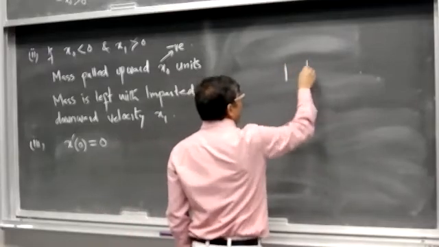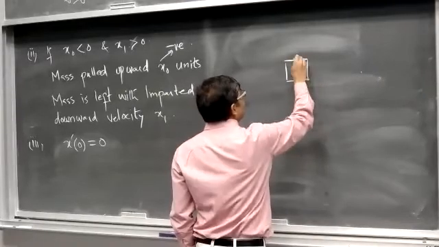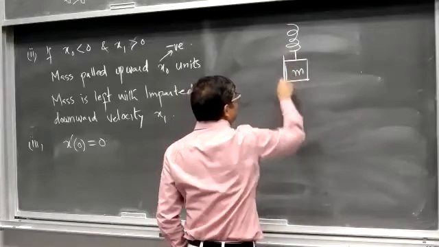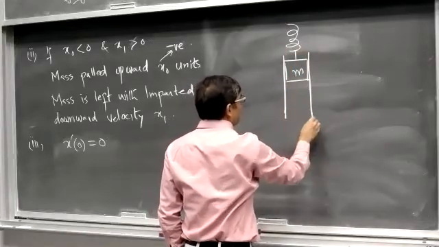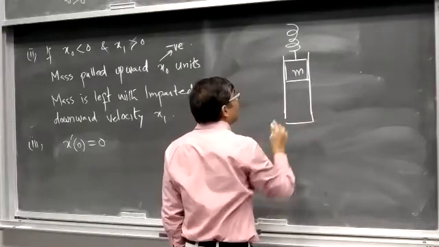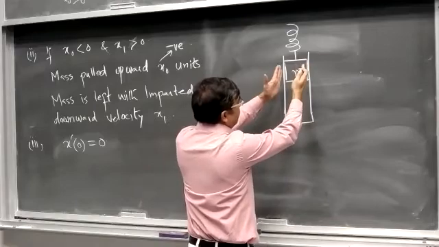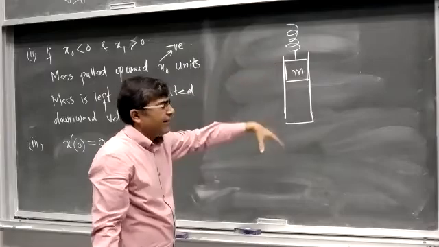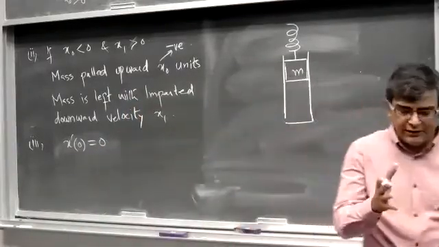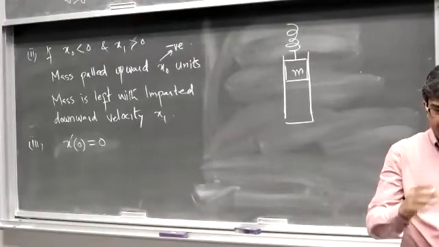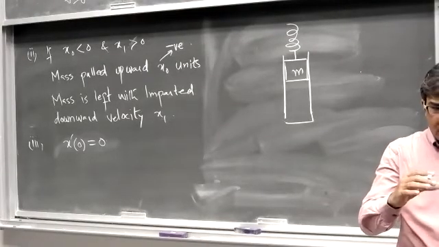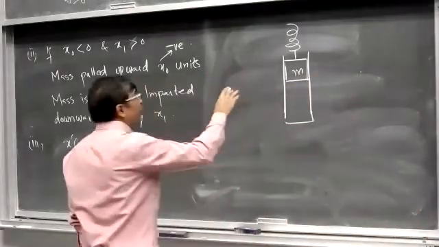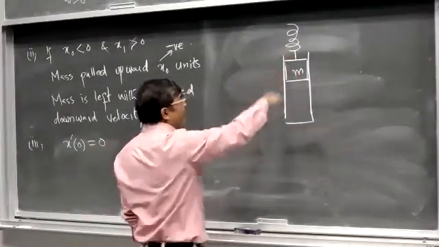If we have a mass here attached to a spring, then a dashpot is a device which imposes a force, a frictional force, or you can say a damping force, on the mass as it moves freely upward and downward.